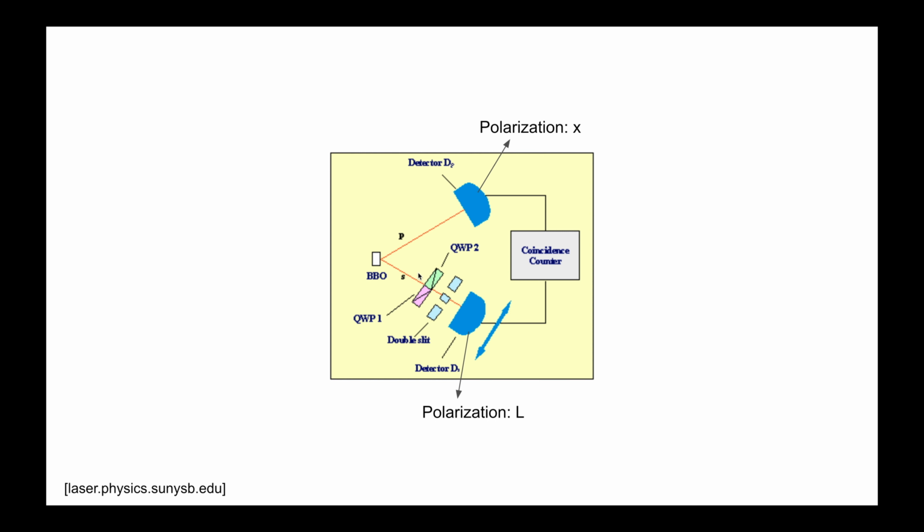So then we know it went through slit 2, basically. So by measuring the polarization of P and S after they hit the screen, we can derive the information of which slit the S photon went through, because this plate is right before the slit.